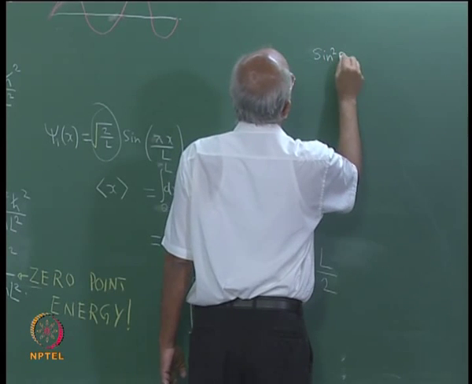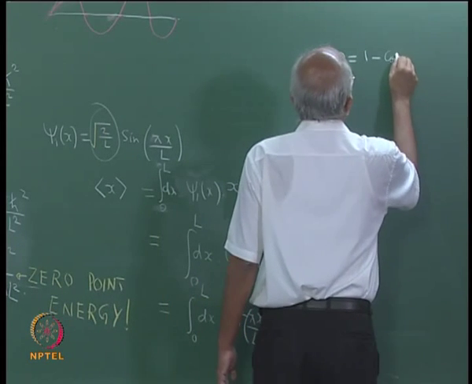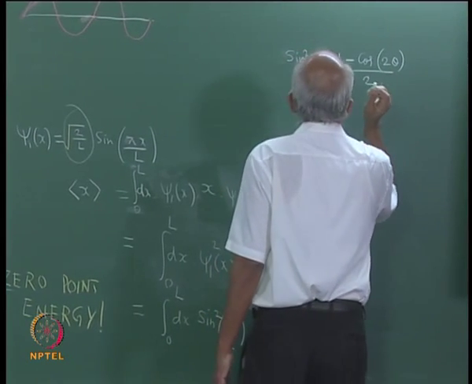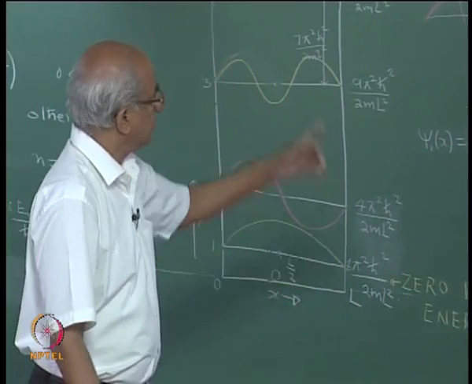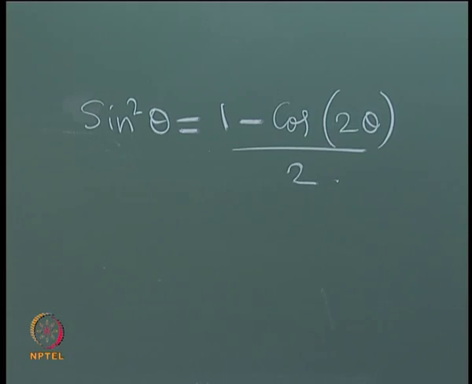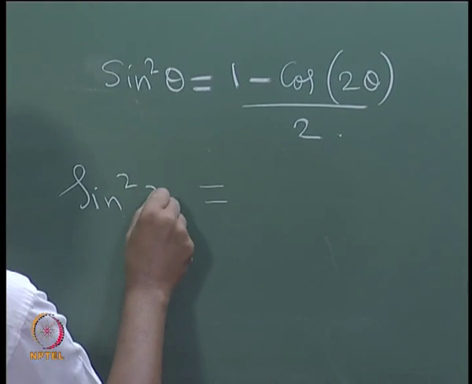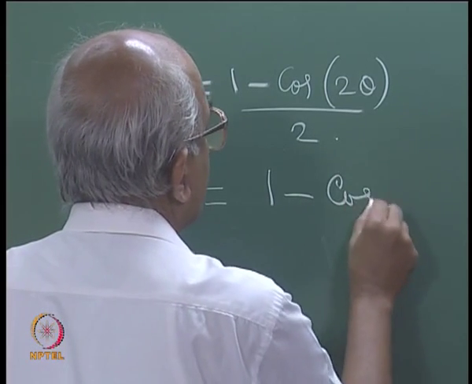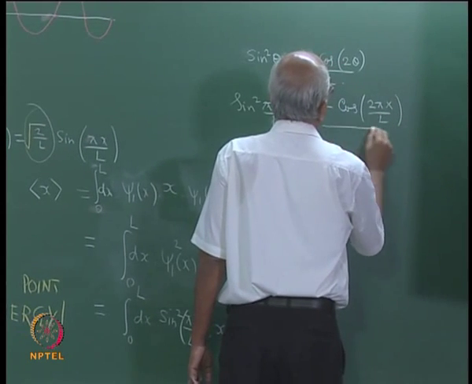Sin square theta is equal to (1 minus cos 2 theta) divided by 2. So, sin square pi x by L may be written as (1 minus cos 2 pi x by L) divided by 2.